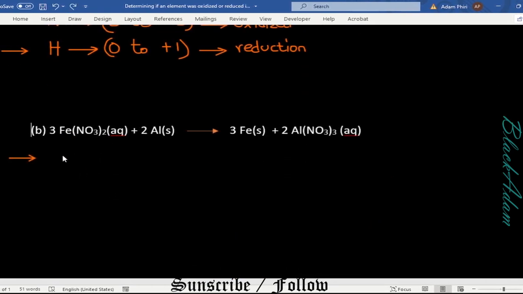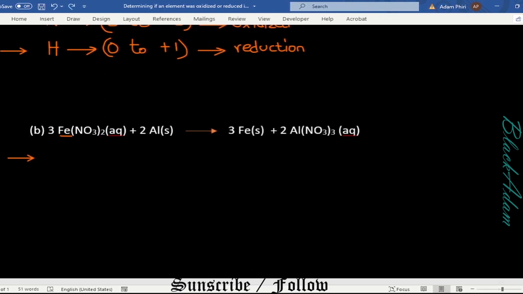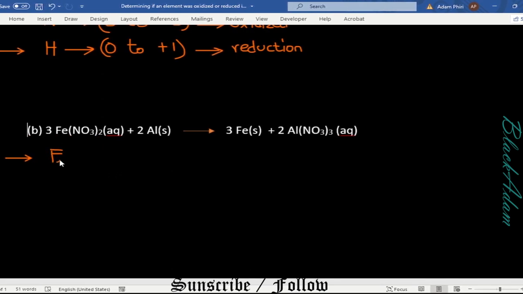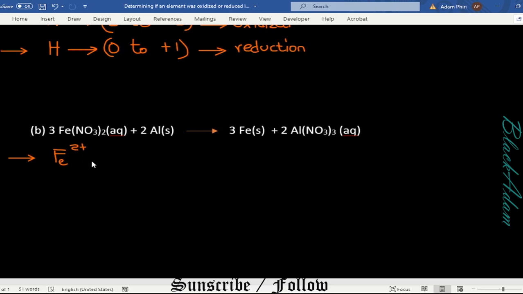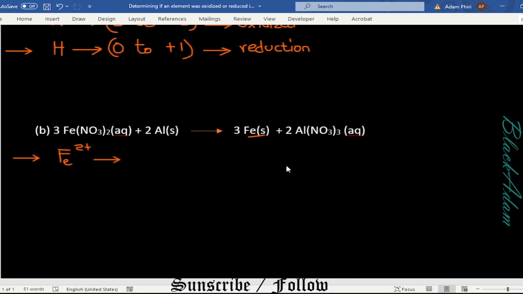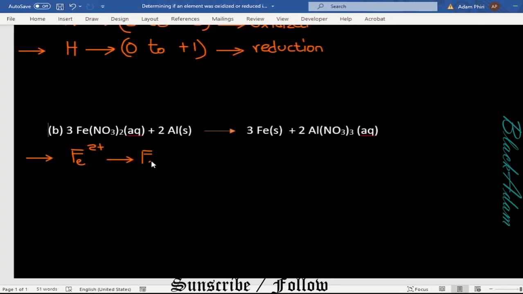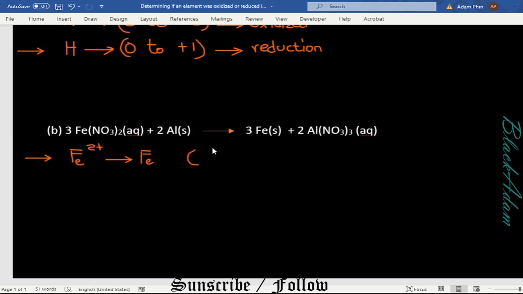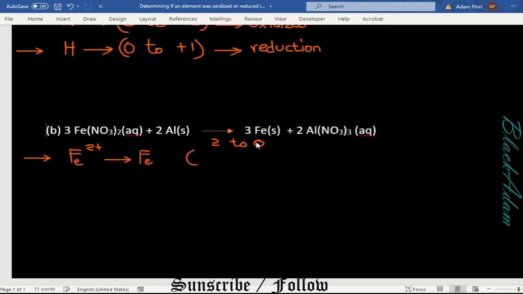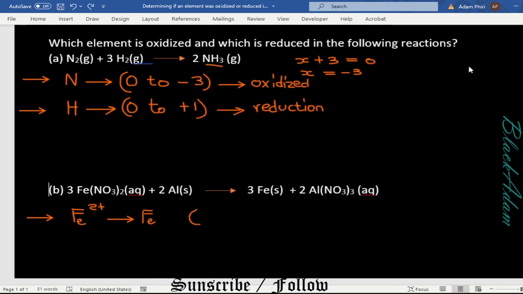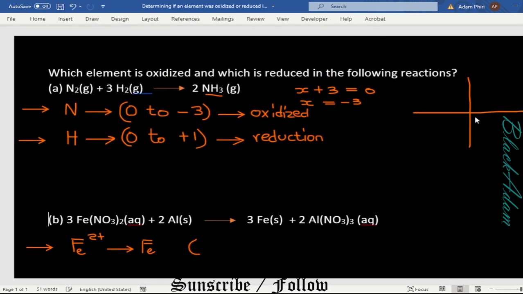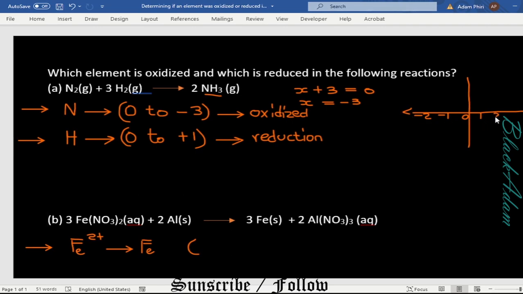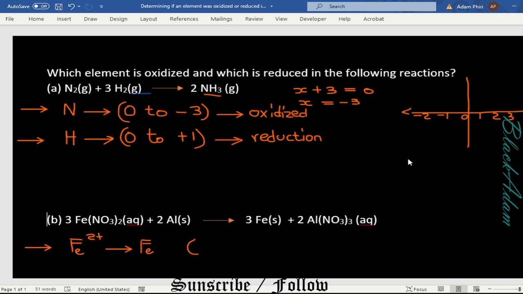So let us go to the second one. We're trying to trace iron, so we have iron there, Fe2+, and then moving to Fe0, neutral. So that means from +2 to 0, we are going towards the west.